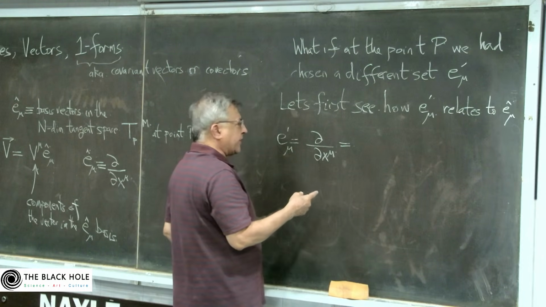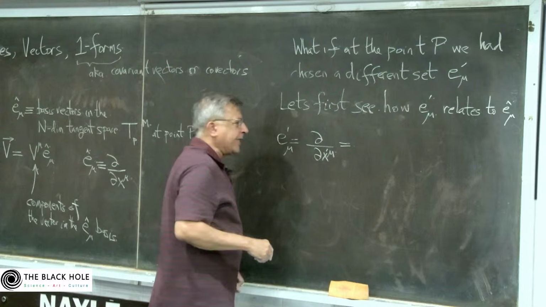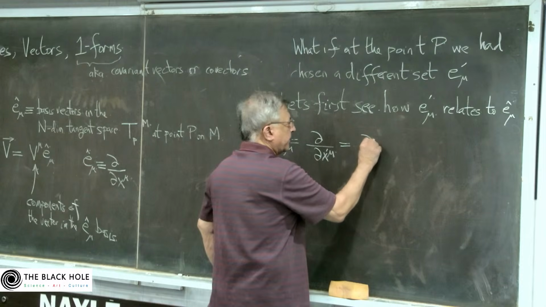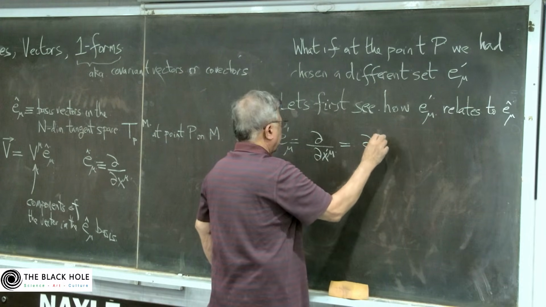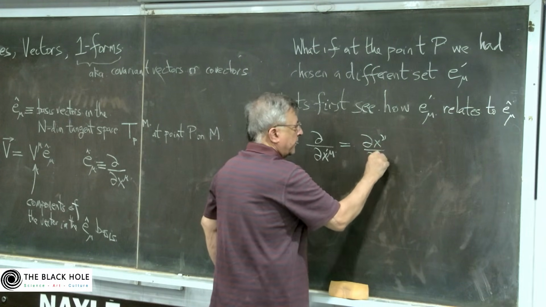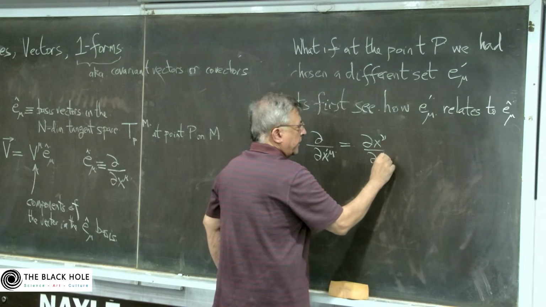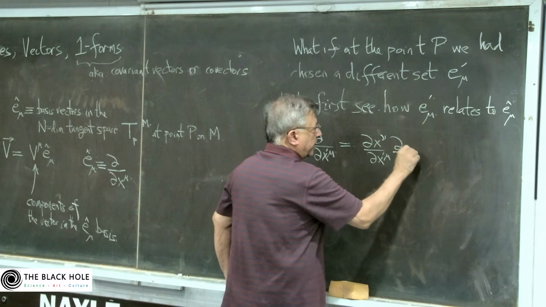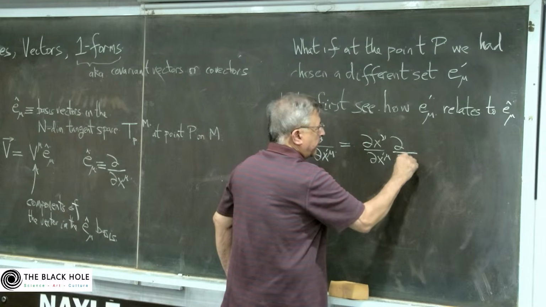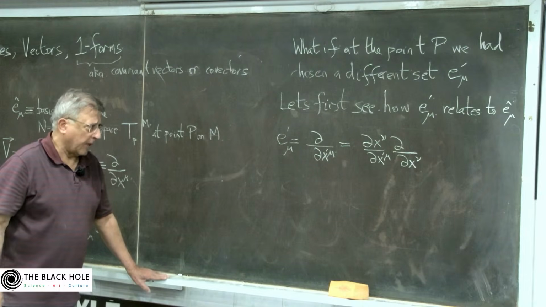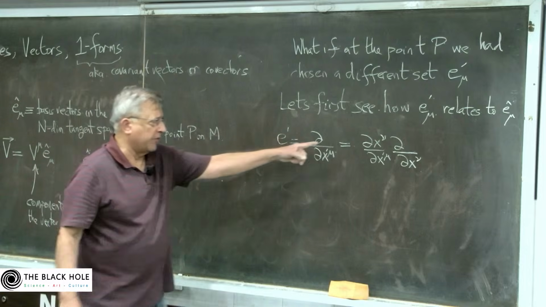And when we change coordinates from x prime to x, then this becomes, with the sum over nu.